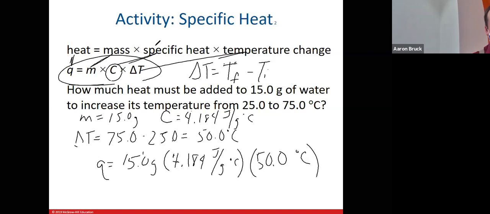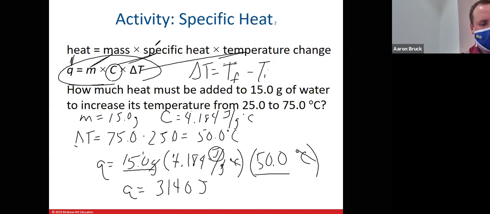What I can see, my grams cancel, my degrees Celsius is canceled. I'm left with just joules. 15.0 times 4.184 times 50 gives me, to three significant figures because I have 3 in the mass and 3 in the temperature, 3,140 joules of energy.